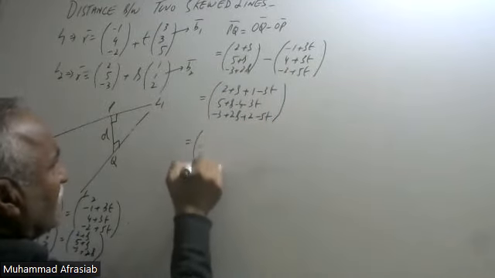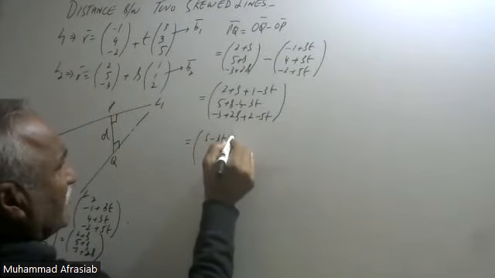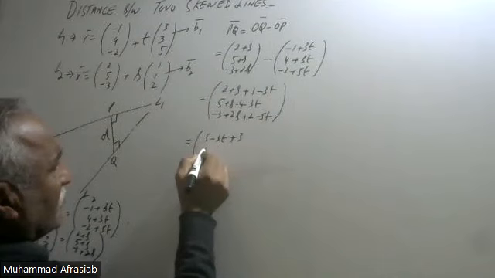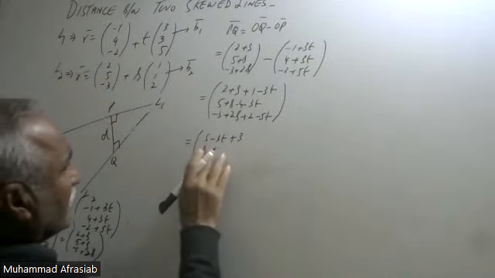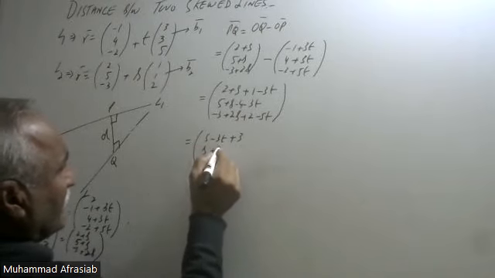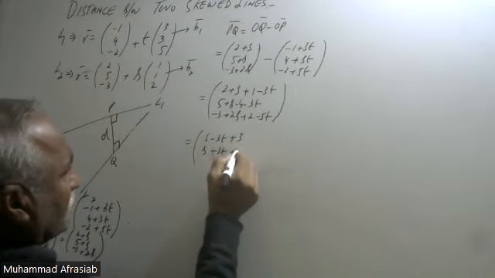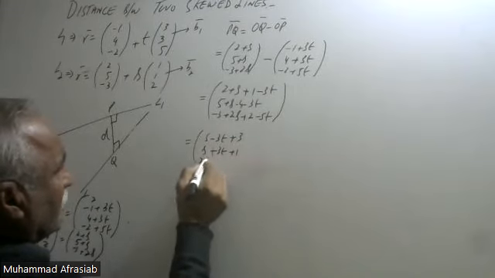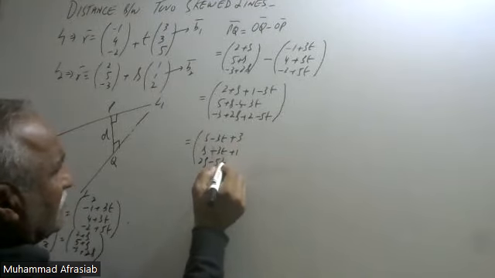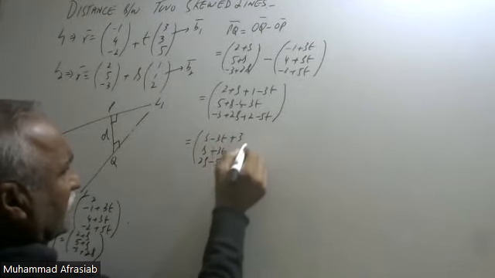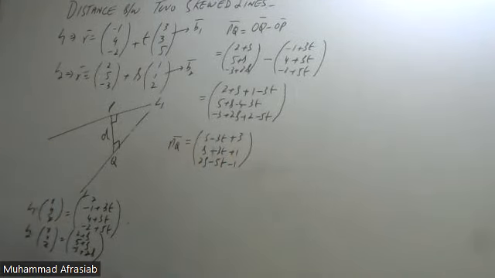That is further equal to (s minus 3t plus 3, s minus 3t plus 1, 2s minus 5t minus 1), the direction vector of this line PQ.